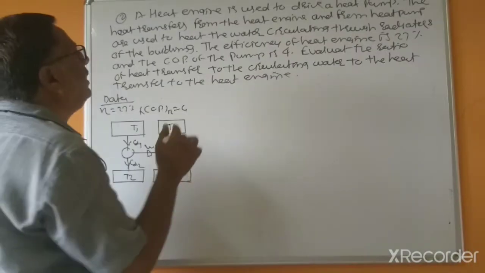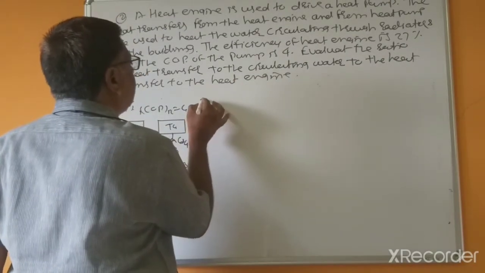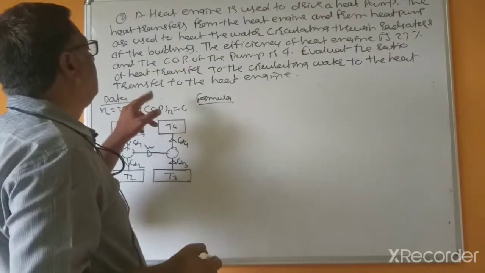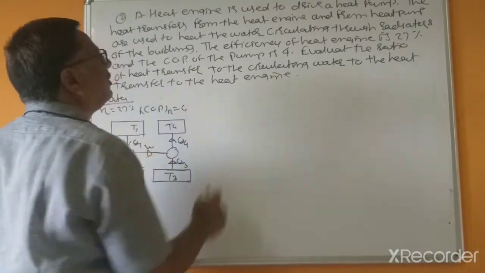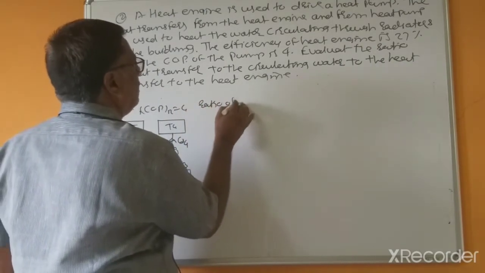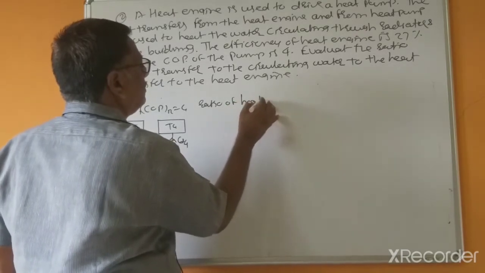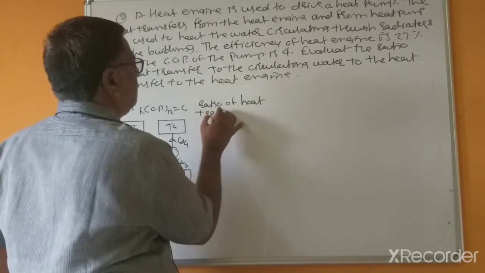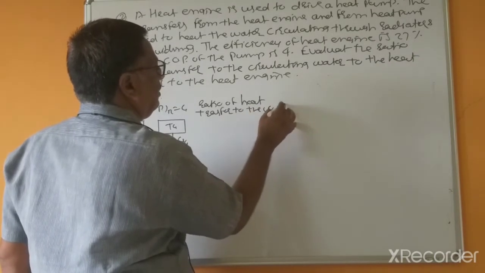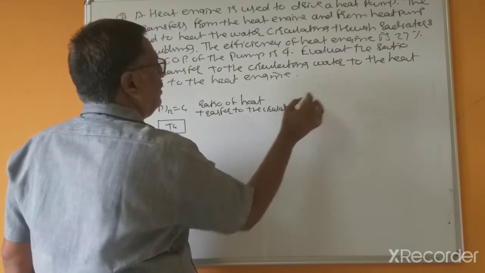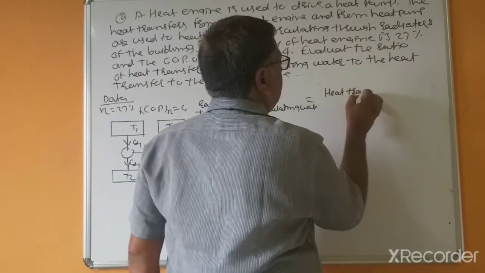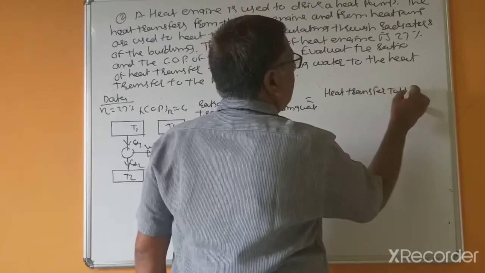So what is to be calculated? A ratio: the ratio of heat transfer to the circulating water to the heat transfer to the heat engine.